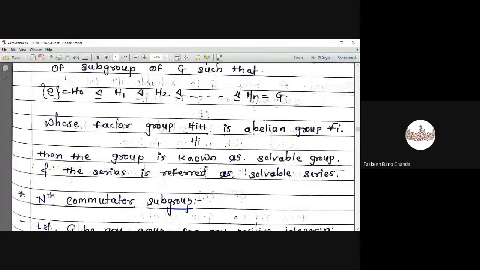And the group is known as a solvable group and the series is referred to as solvable.